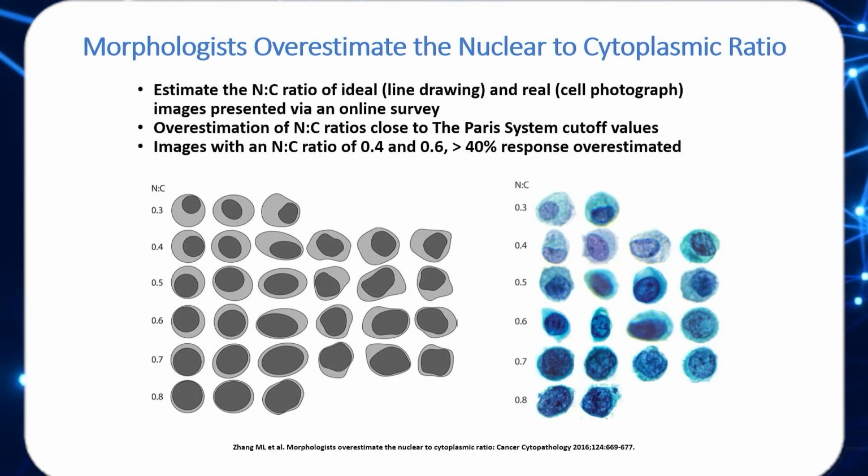But going back to the first version and its outcomes, we also found that some of the morphology-based assessments for NC ratios can be challenging for individuals, because if 0.7 is a benchmark, then how do you differentiate between 0.5, 0.6, 0.7? And this is a really good chart.